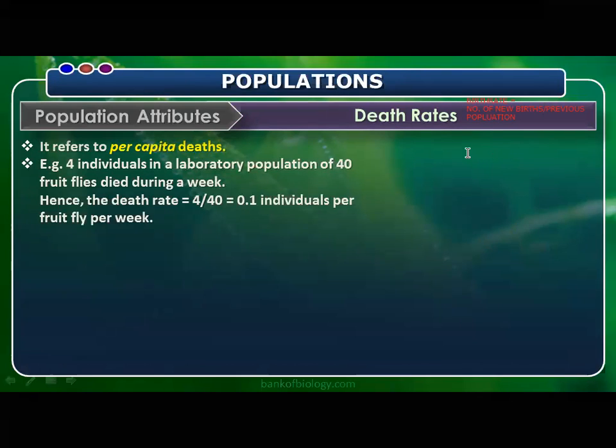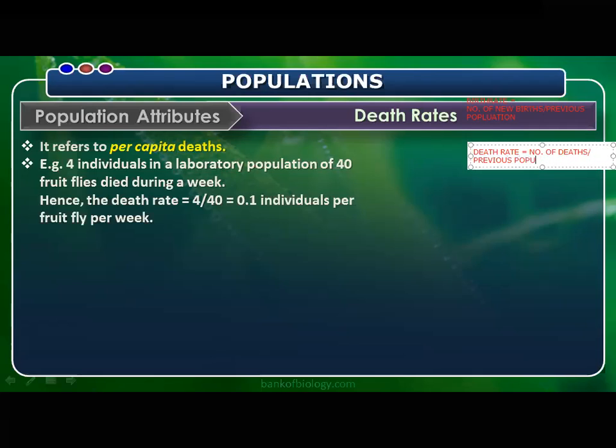After the death, we have 36, isn't it? But they didn't say like this. Death rate is equal to number of deaths by total population, not 36. We have to take the previous population. To avoid confusion, I am writing here previous population. That's better to write.